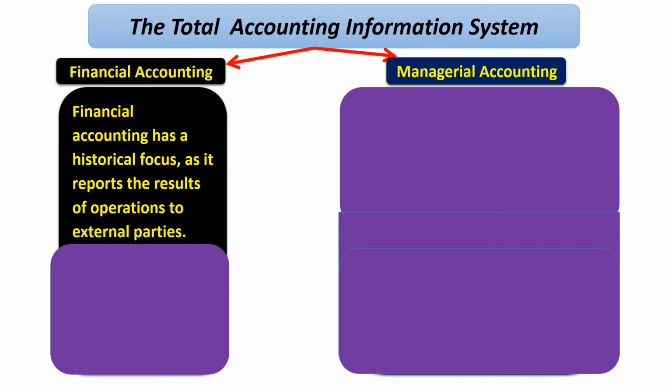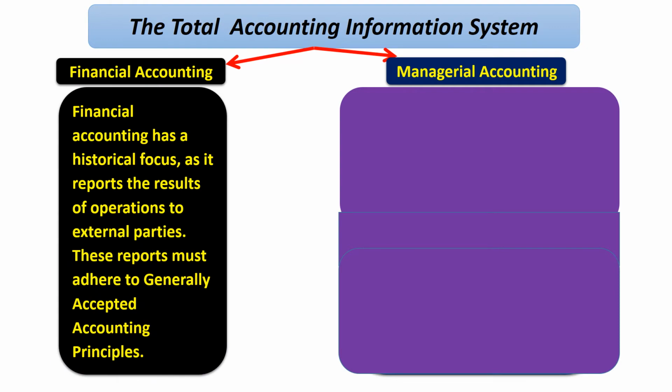As for financial accounting, it has a historical focus, as we mentioned, as it reports the results of operations to external parties. These reports must adhere to generally accepted accounting principles, or IFRS.